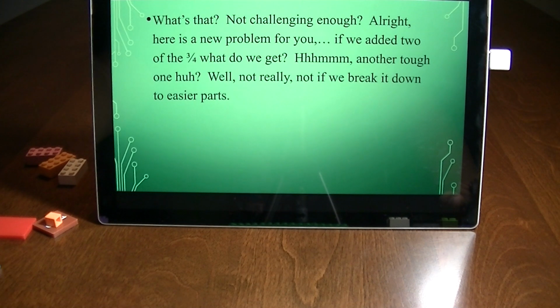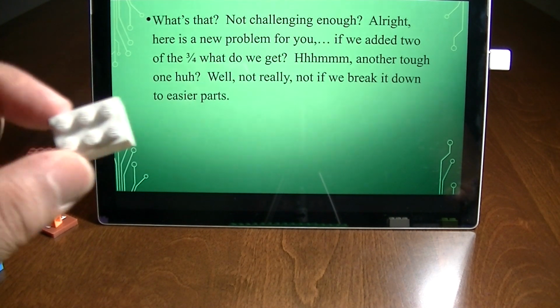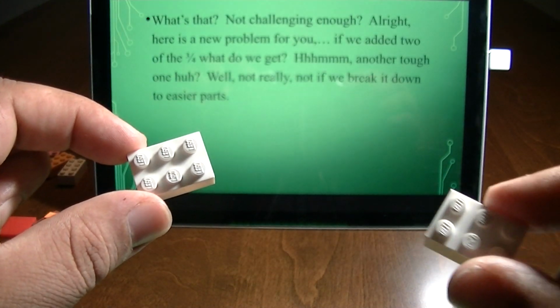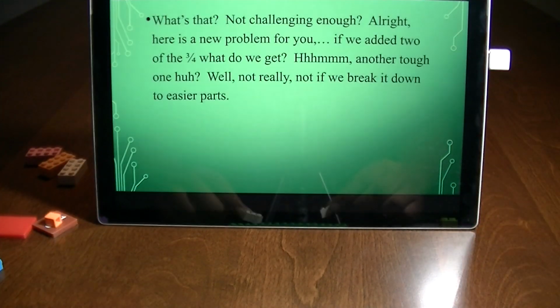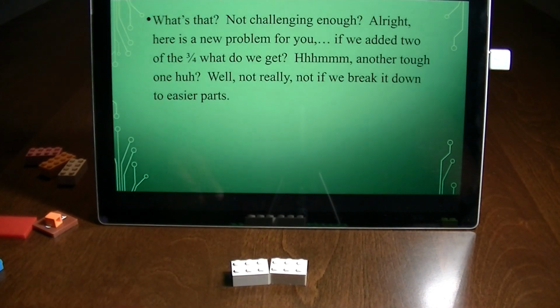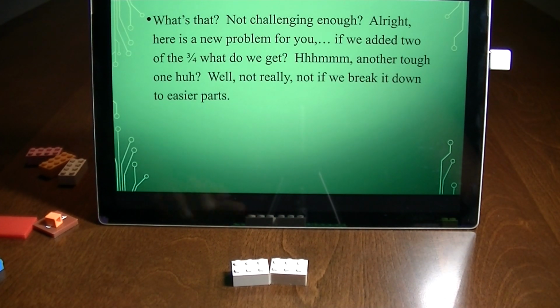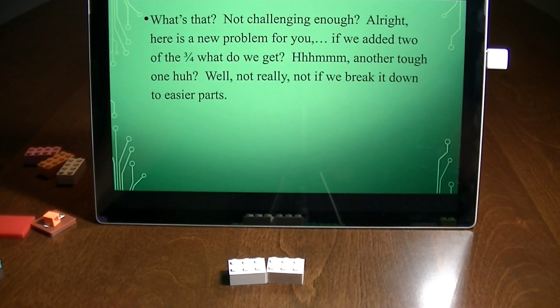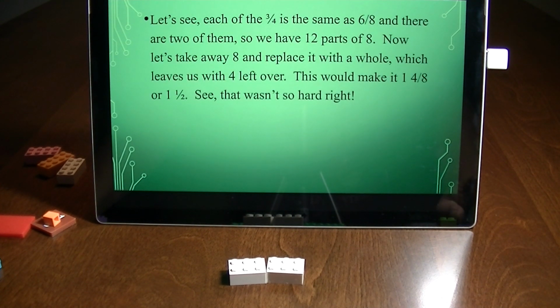If we added 2 of the 3/4 together, what do we get? Another tough one, huh? Well, not really, if we break it down to easier parts. Let's see. Each of these 3/4 is the same as 6/8, and there are 2 of them.